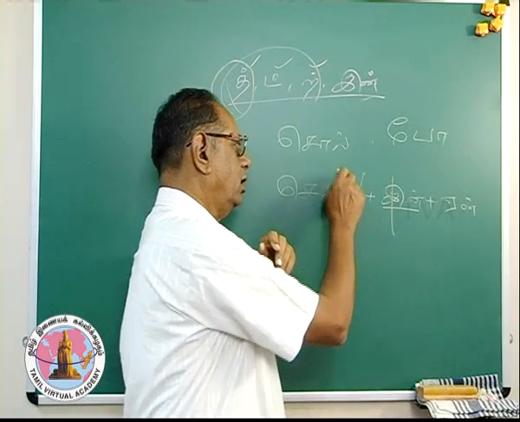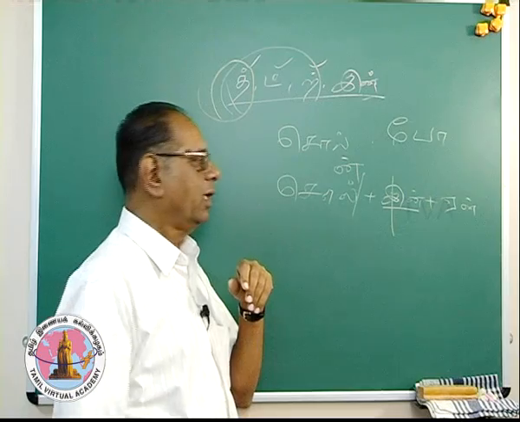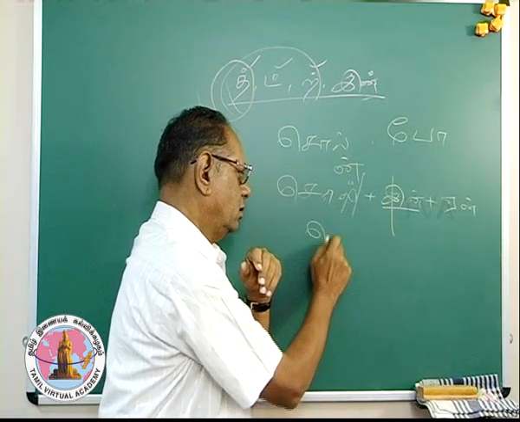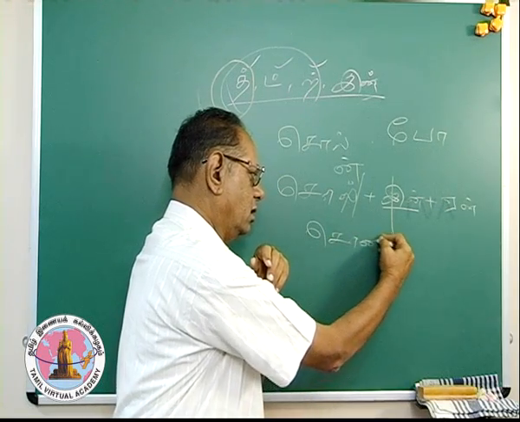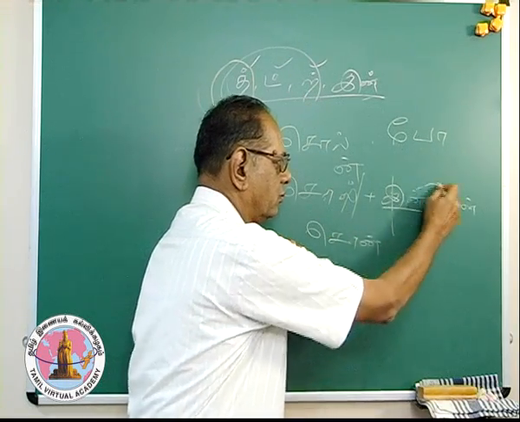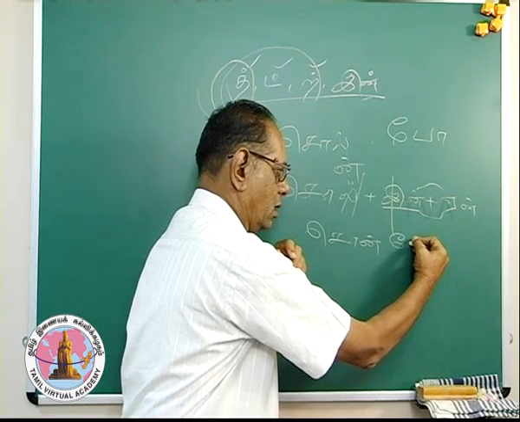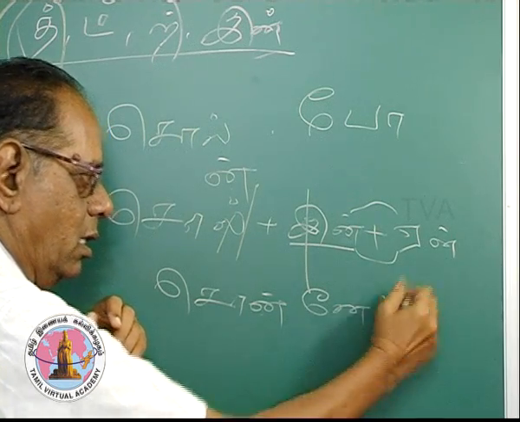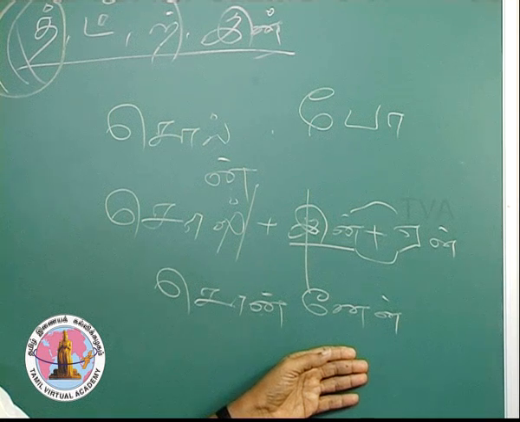So naturally, you would like to have a soft sound here. L becomes N. The result is "shonnen." I said.